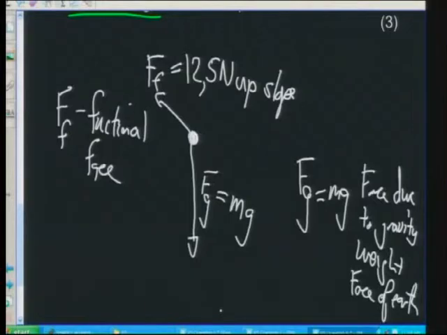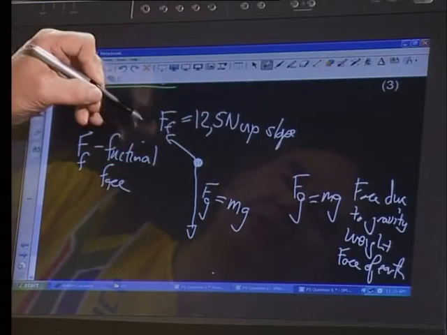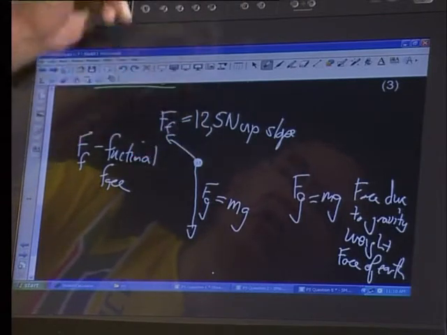There's something else that this object is being acted on by. Do you know of any other forces? Well, for sure, you're crying out and telling me, yes, there's another force. What is it? It's the force of the surface on the wheelchair. The wheelchair isn't hovering above the surface. It's touching the surface. So the surface pushes up on the wheelchair, and that's at 90 degrees to the frictional force. It is the normal force.